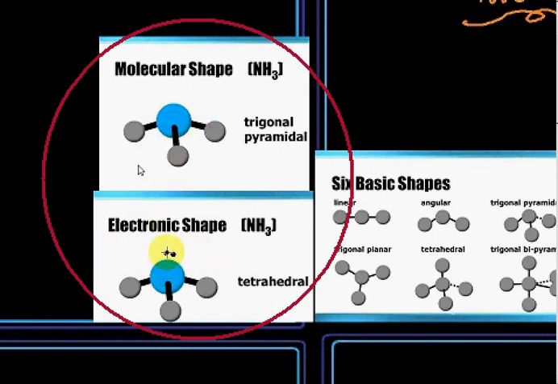You've got a lone pair of electrons in the electronic shape, and this lone pair repels the hydrogen atoms so that they don't persist as a trigonal planar shape. They're repelled downwards by the lone pair. That's why it's important to distinguish between the electronic shape and the molecular shape, because the molecular shape is explained by the electronic shape. And that's the essential point.